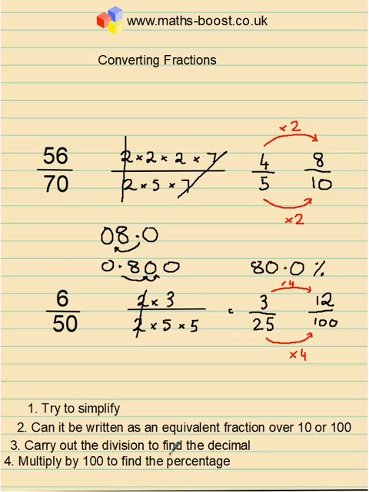Step 3, we'll carry out the division. 12 divided by 100. And again, because we've been able to write it out as a fraction over 100, it's easy. We're going to move 2 place values. And there's our decimal equivalent.